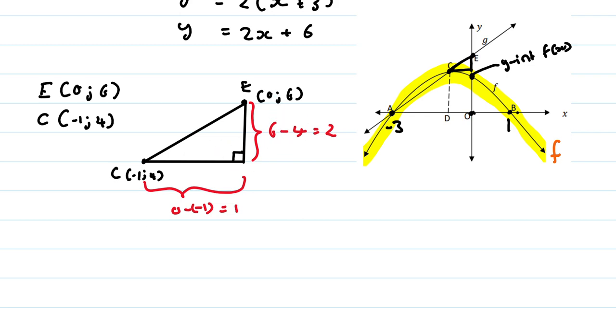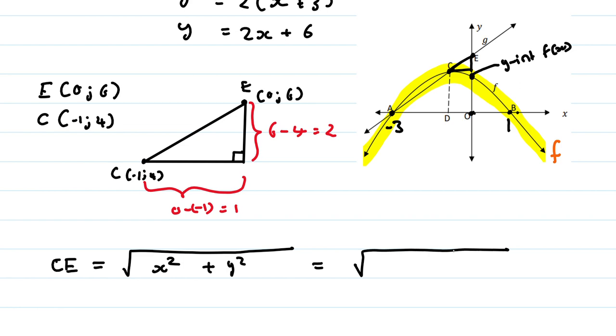So now we can use Pythagoras theorem to solve for that length CE. Using Pythagoras theorem, the length of CE is equal to the square root of x squared plus y squared, and this is equal to the square root of the x value, which is 1 squared, plus the y value, which is 2 squared.